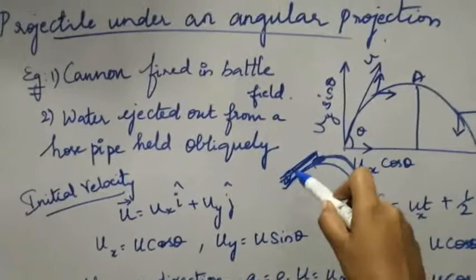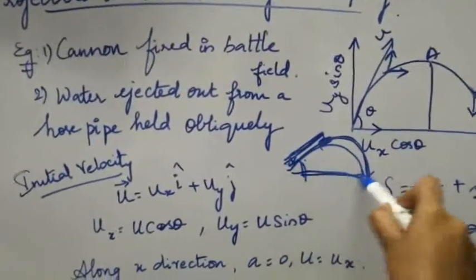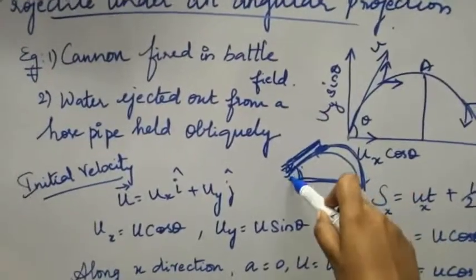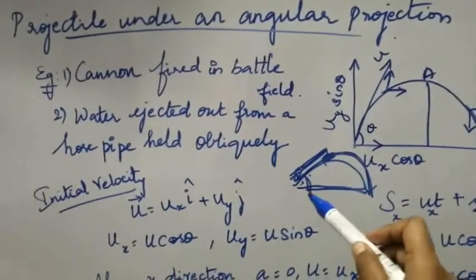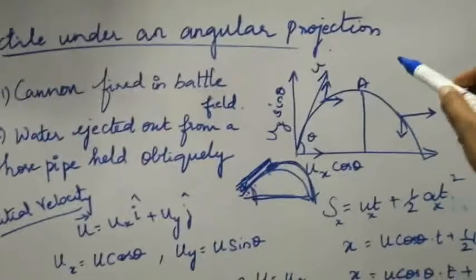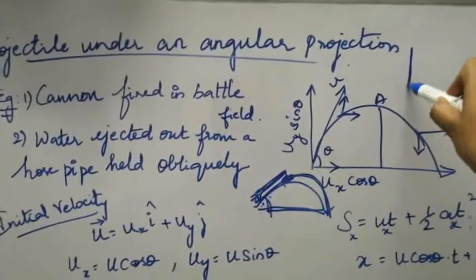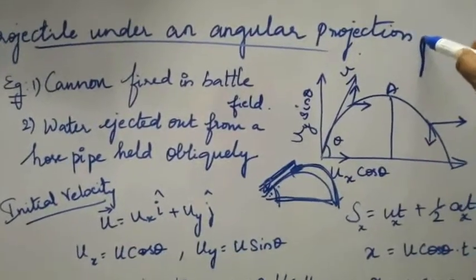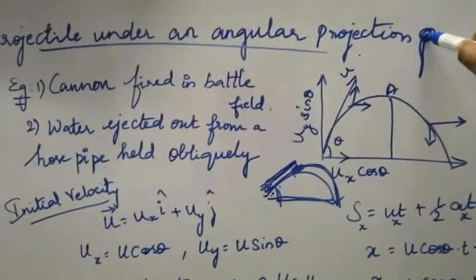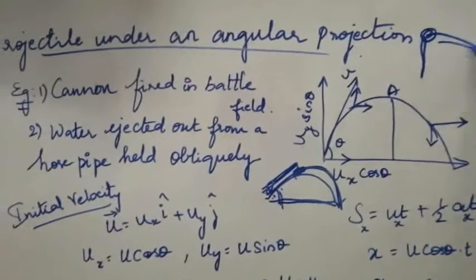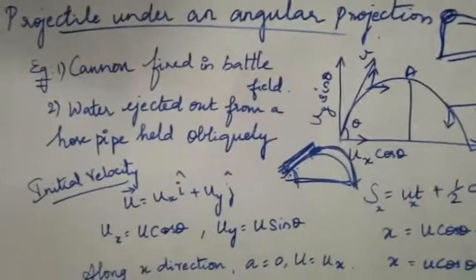So this is at some angle theta with the ground, and it is projected from the ground here. But in the previous case, you were throwing an object from the top of some point, and then only the dropping was considered for the horizontal projection.